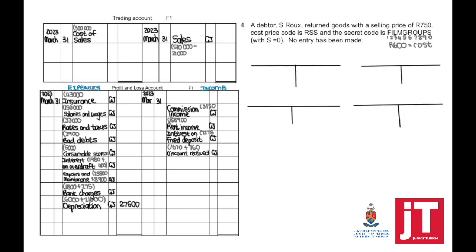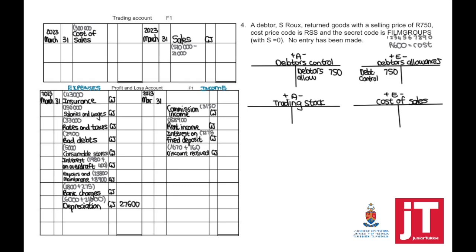To show the selling price, we need to open up debtors control and debtors allowances. To show the cost, trading stock and cost of sales. Debtors control is going to be credited, and debtors allowances debited with the selling price. To show the cost, trading stock is going to be debited, cost of sales is going to be credited. Because debtors allowances increases, reminder, where do we close this off to?